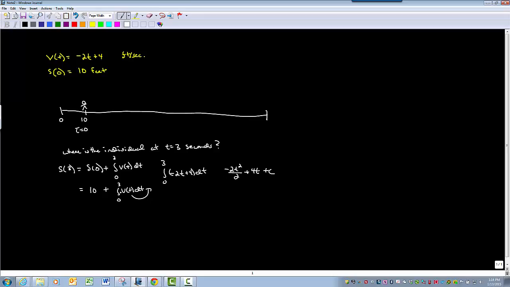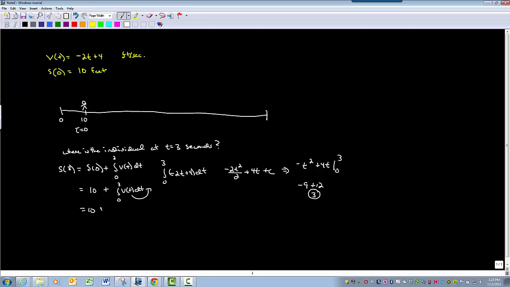We're going to evaluate this using the fundamental theorem of calculus between 0 and 3. So this is negative t squared plus 4t evaluated between 0 and 3. That gives us negative 9 plus 12, which is 3. So the person moves 3 units to the right. This is the overall displacement.